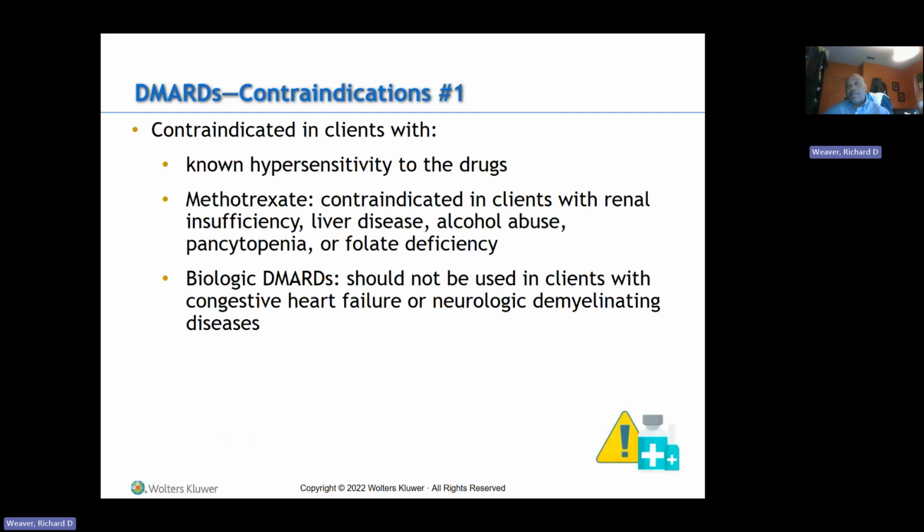Remember, with pancytopenia, which is one of the contraindications, all of the blood cells are reduced: your white blood cells, red blood cells, and platelets. If the white blood cells are reduced in pancytopenia, and you already give a drug such as methotrexate that suppresses the immune system, it suppresses the immune system even more.